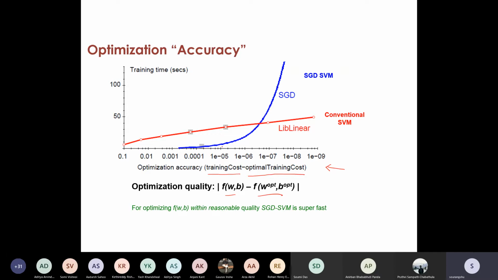Your blue line is SGD and the red line is liblinear, which is basically a coordinate descent method.